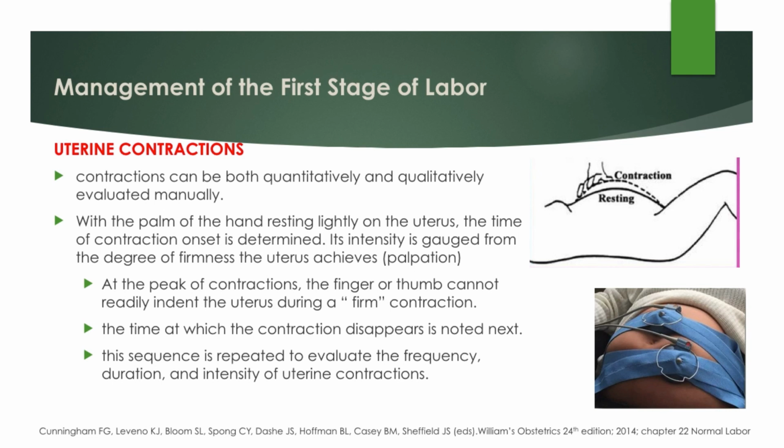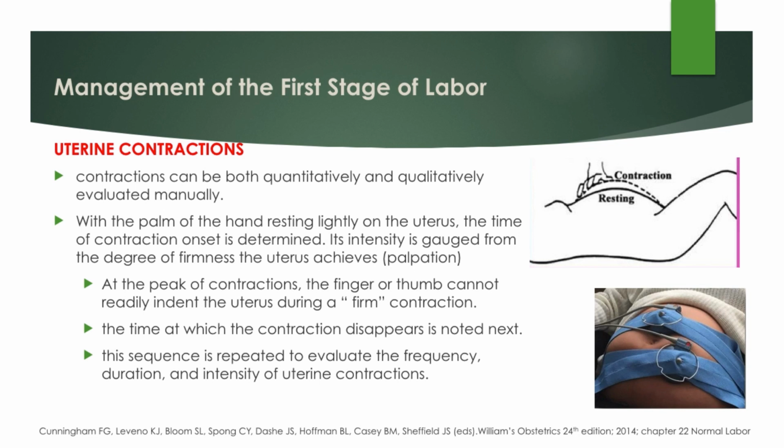So if you are the one monitoring the uterine contractions of a parturient or a patient in labor, you note the onset of the contraction and the time when the contraction disappears. Okay, so this sequence is repeated to evaluate the frequency, duration, and intensity of uterine contractions.